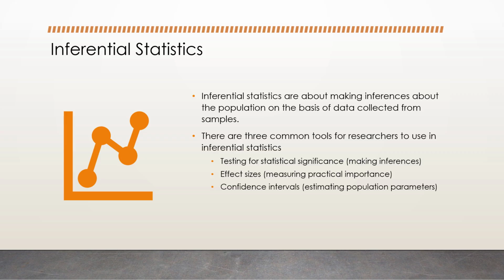Effect size tells us how important the effect is. Confidence intervals provide an estimated range for the population parameter. Together, these tools give researchers a fuller picture: whether results are statistically significant, how strong they are, and what range of values is most likely in the population.